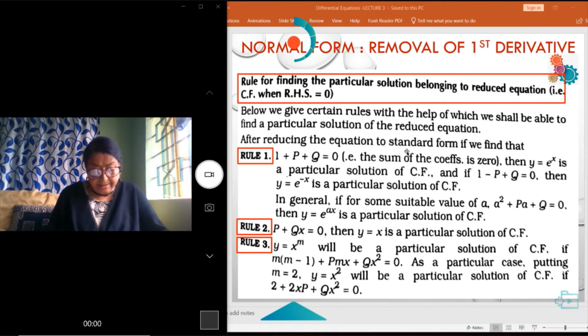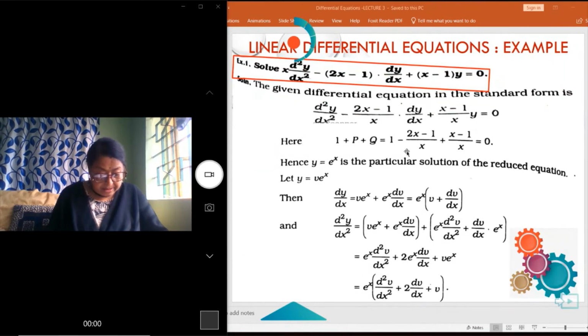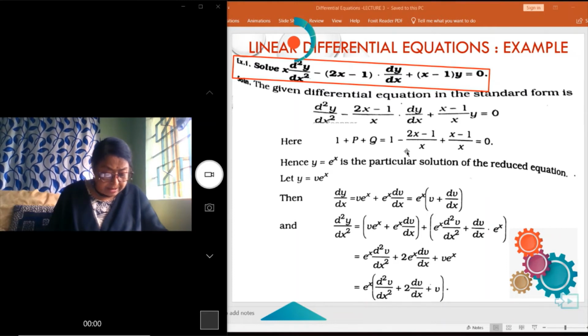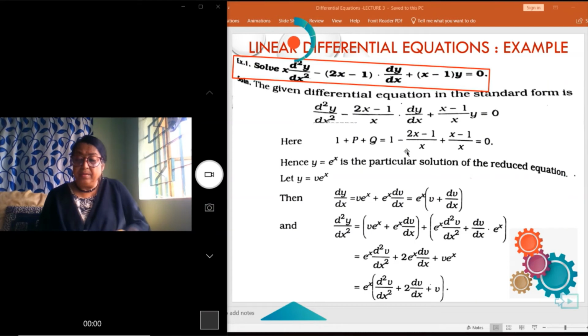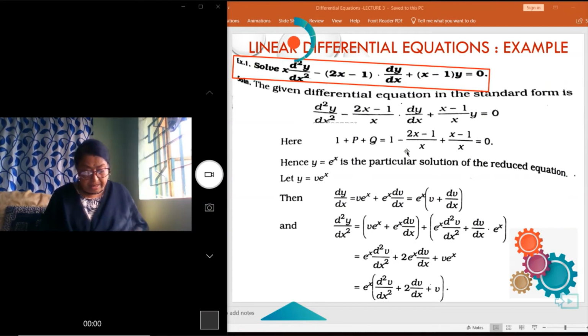Next, if p + qx = 0, then y = x is the particular solution of the CF. Now, take one example: x d2y/dx² - (2x - 1) dy/dx + (x - 1) y = 0, which gives 1 + p + q.